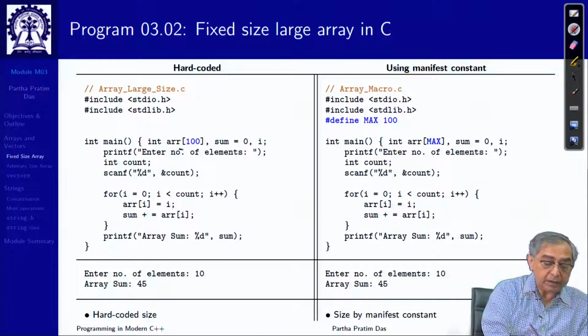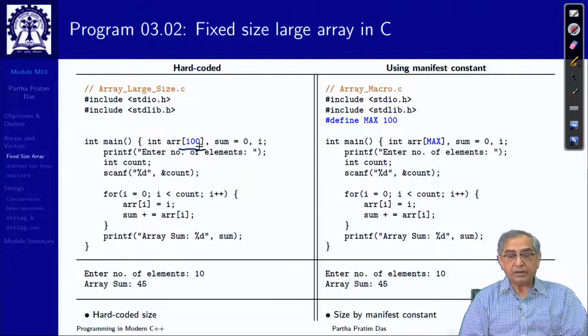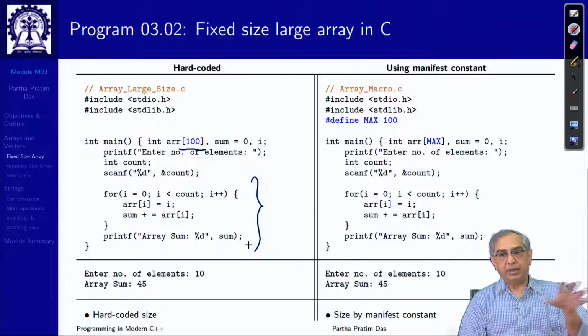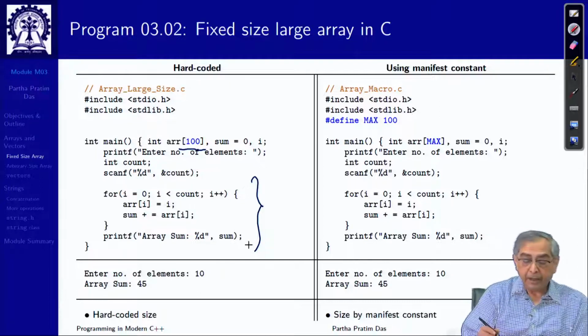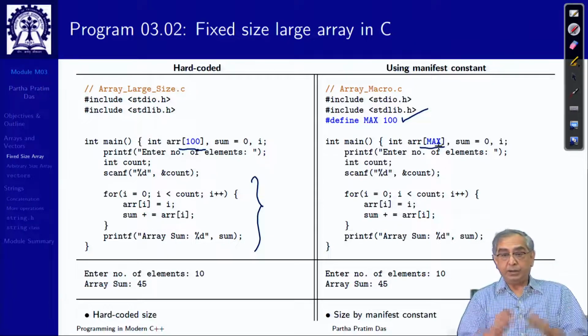Here is one way of writing it, where we use the constant size of the array right into the code, and then assign some elements and add them. That is just for illustration. The other option is to put a manifest constant defining the size and then use that manifest constant. Here both are C. You do not need C++ here.